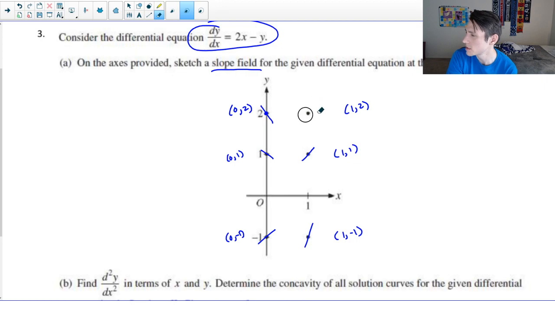I can't draw a line through that dot, we'll say that works. So there's my slope field. It says to do it for these 6 points specifically, and there are those 6 points.